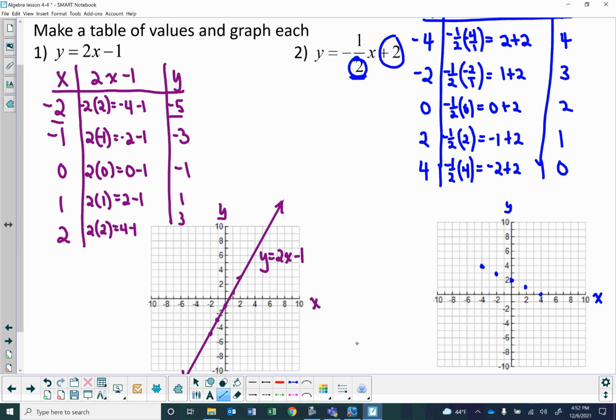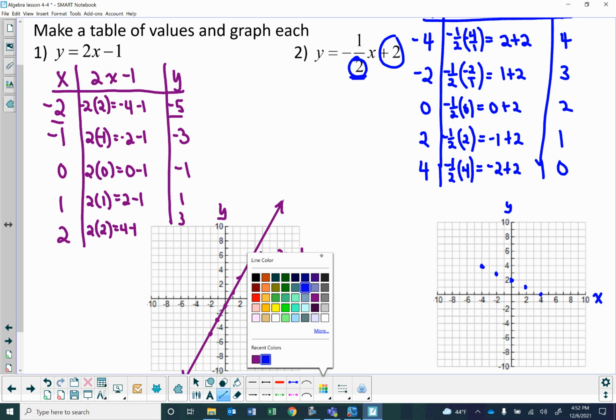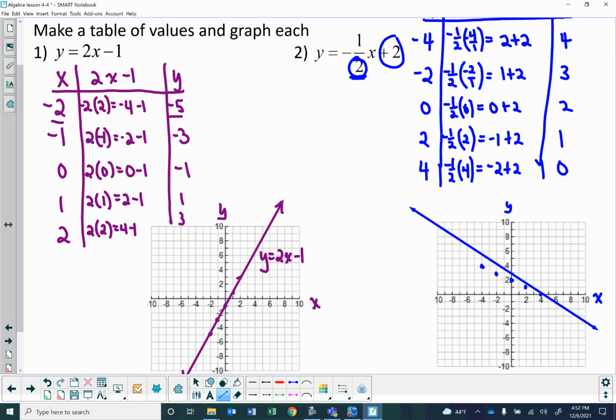Mine's a little different than yours, because I'm special in that way. Okay. Draw my handy dandy line, which I missed massively, and I'm going to fix in just a second here. Okay, now make sure my line actually goes through my points. There it is. And the last thing I need to do is make sure I label my equation: y equals negative 1/2 x plus 2.